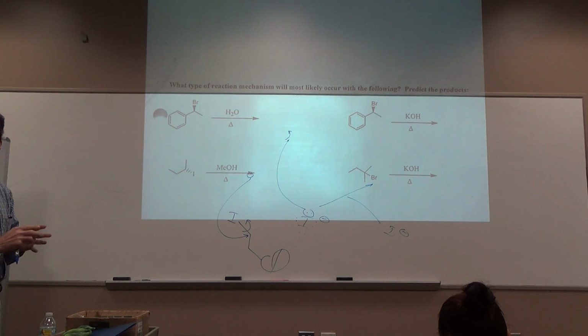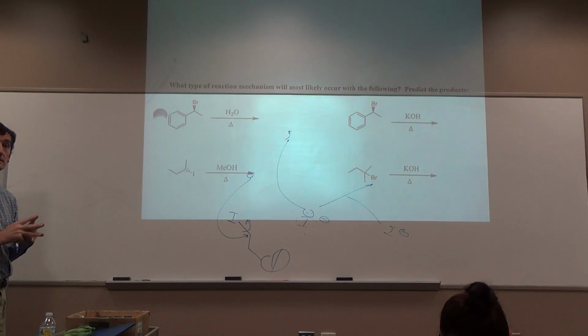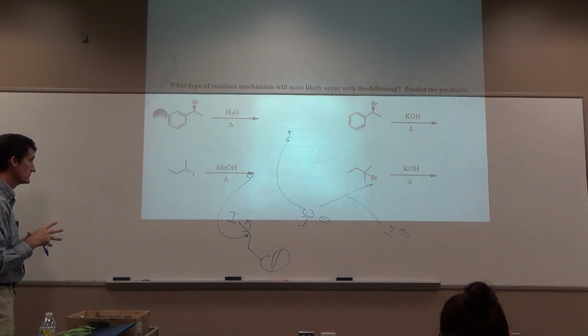Question? The weaker the base, the better the nucleophile, right? No, not necessarily. Why do you say that? Because a weaker base would be more stable, like iodide would be more stable.